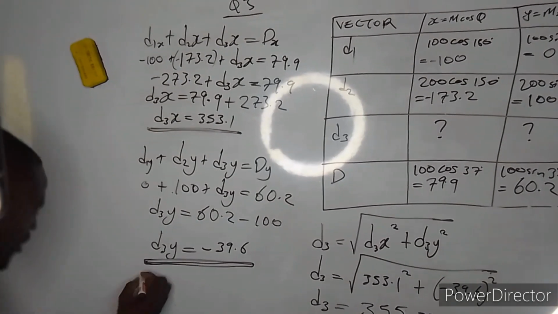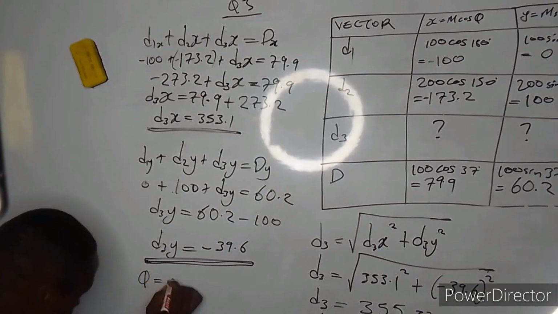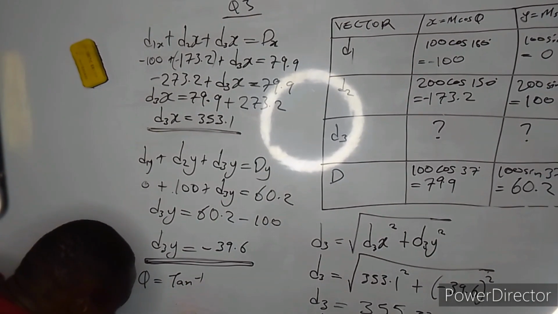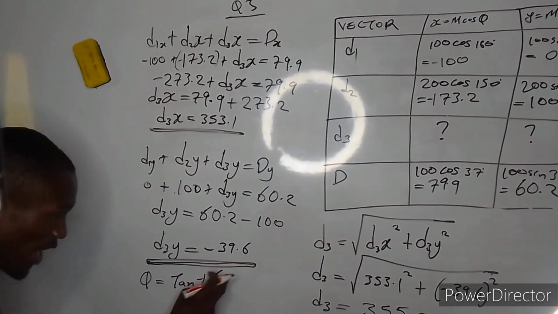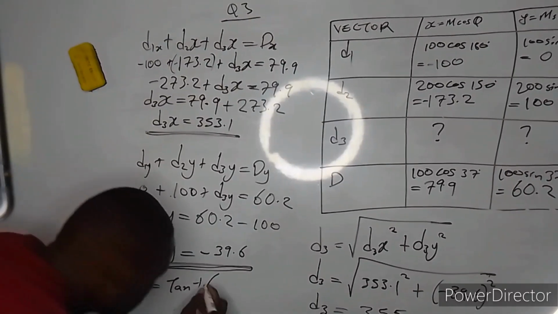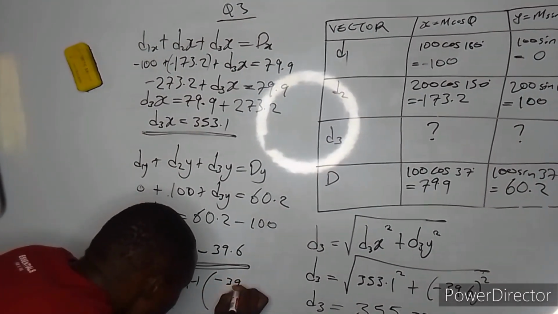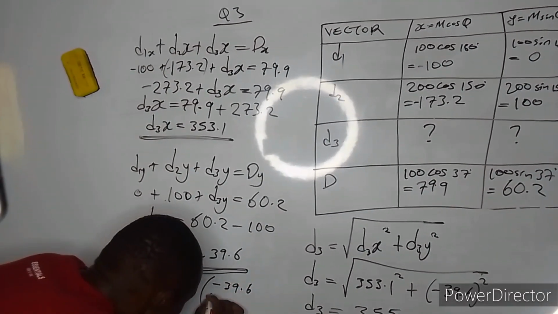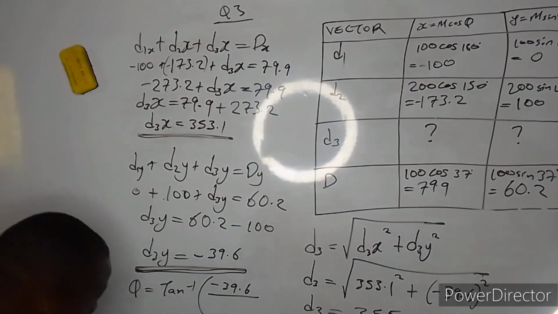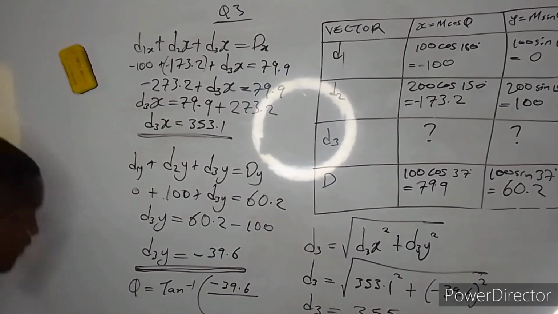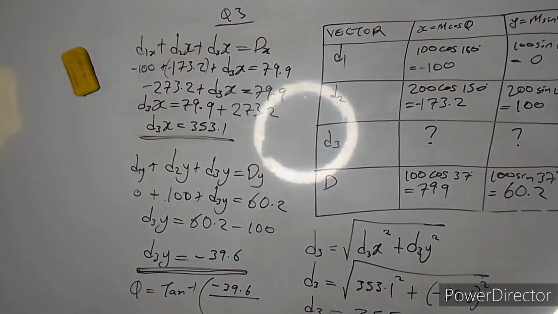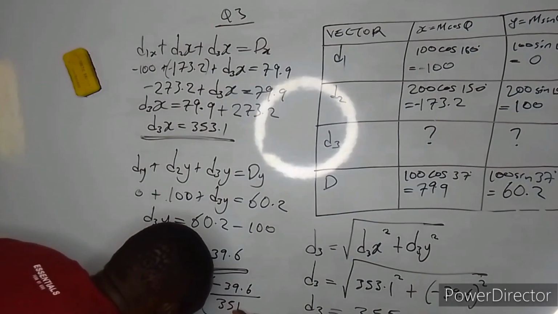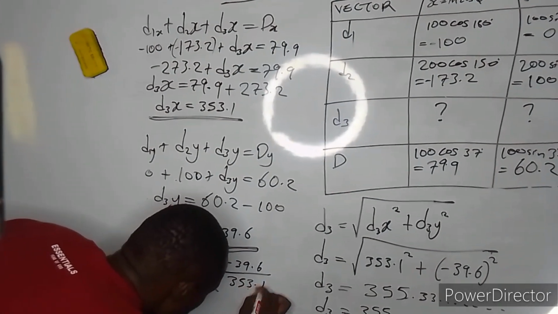Direction will be found as theta is equal to tan inverse of open bracket the y component, which is negative 39.6, divided by the x component of D3, which is 353.1.